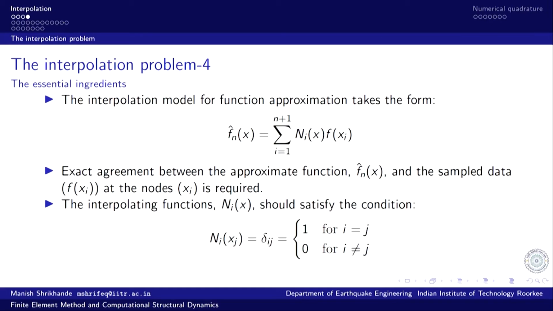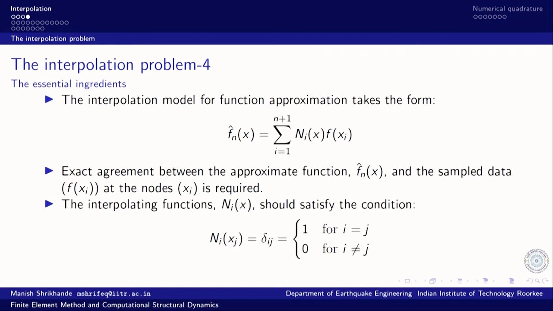This requirement can be met if the interpolating functions N i of x, which are called the interpolating functions for node i, satisfy this basic criterion: N i evaluated at x j, another node of interpolation, should be equal to delta i j, the Kronecker delta.